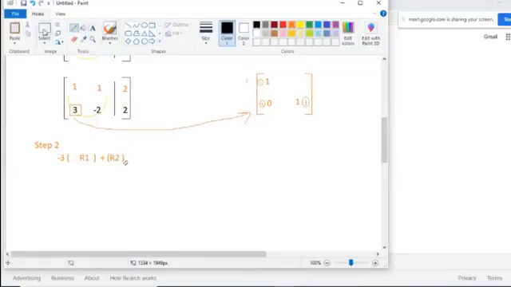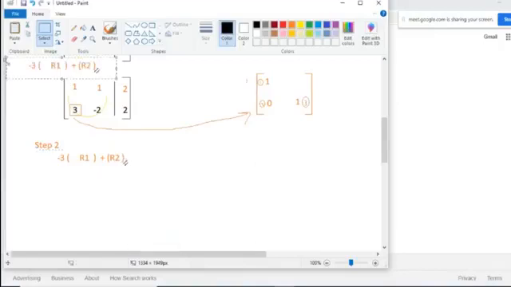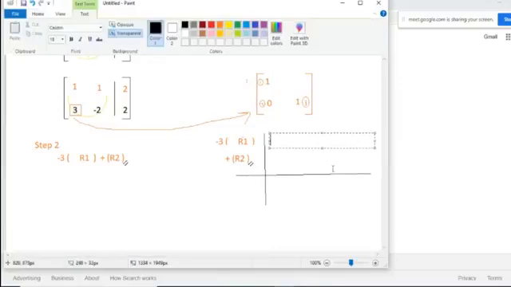Now take this operation and try to compute it with me. I will take R2 down here and then make plus. Multiply -3 by R1 and give me the answer. It becomes -3, -3, and -3 multiplied by 2 becomes -6, correct.